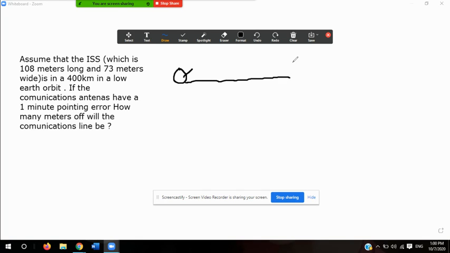So I'm going to draw a box, a rectangle, because I'm good at drawing rectangles, and that is going to be my International Space Station. We know that it's 400 kilometers away, which is here.